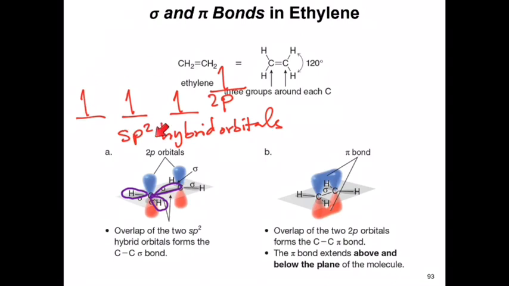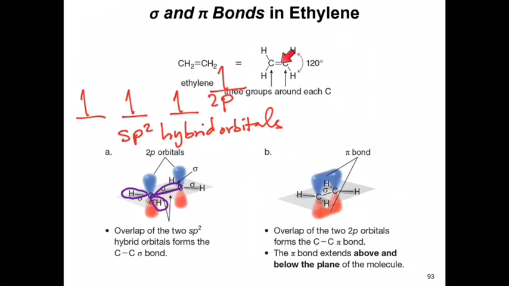So these electrons in the sp2 hybrid orbitals are the ones involved in the formation of sigma bonds, whereas this electron in the unhybridized 2p orbital is involved in the formation of what they call pi bonds. And pi bonds are present in double bonds.